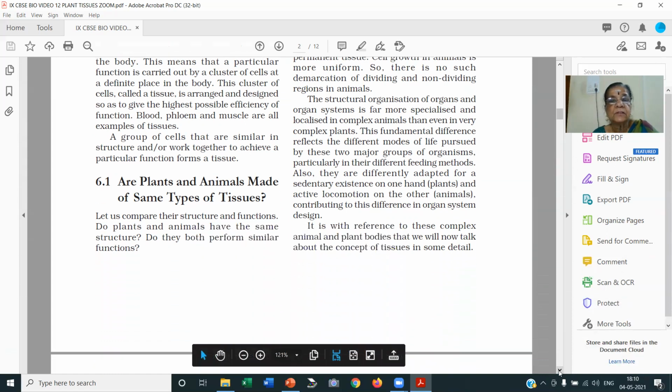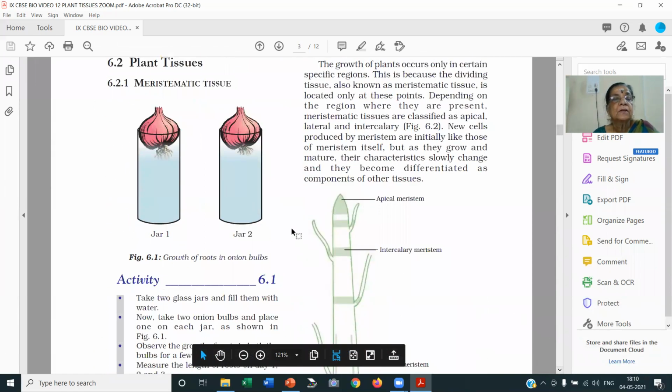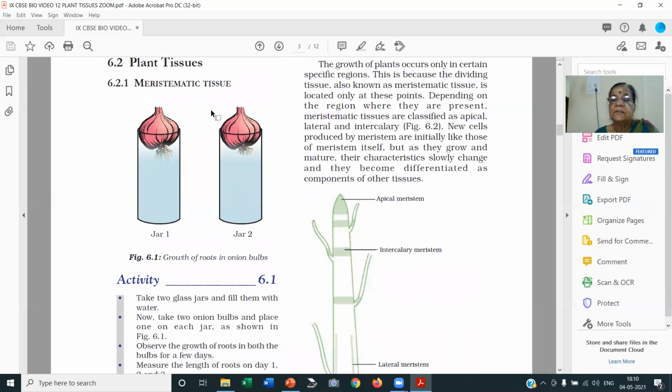So now here it is given about the meristematic tissue. As I said, plant tissues are meristematic tissue and permanent tissue, right? Now this meristematic tissue: the experiment with the onion in a glass tumbler shows mitotic cell division.